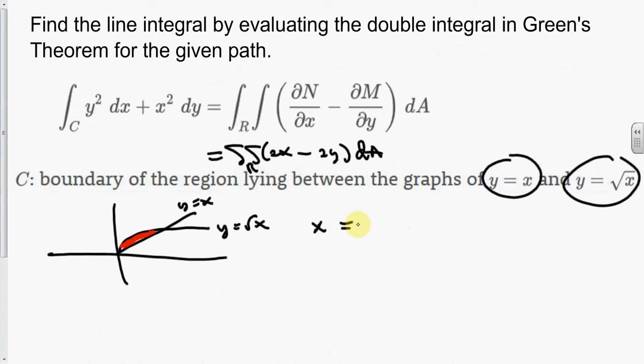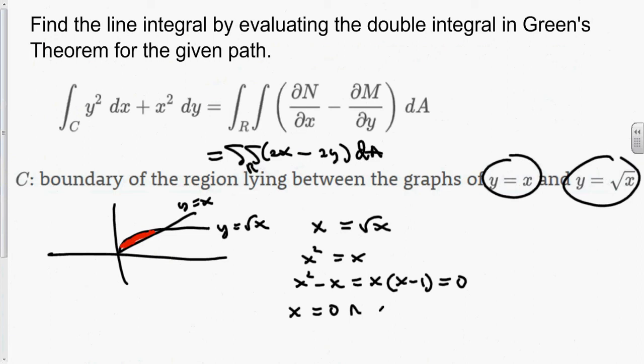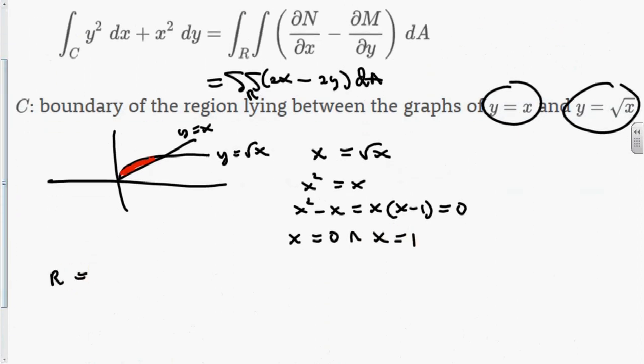So I set x equal to the square root of x, square both sides, we get x squared is equal to x, so x squared minus x is x times (x minus 1) equal to 0. This implies x equal to 0 and x equal to 1. So the region here, x goes from 0 to 1, but y goes from the bottom, x, to the square root of x.